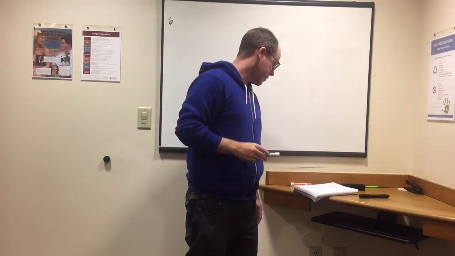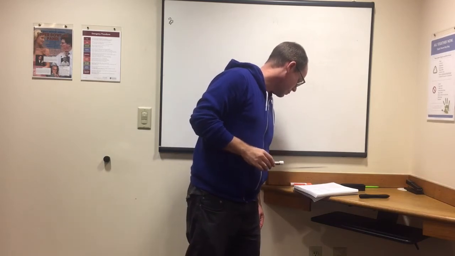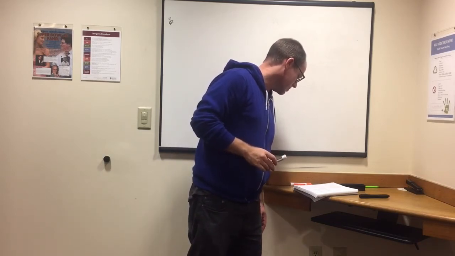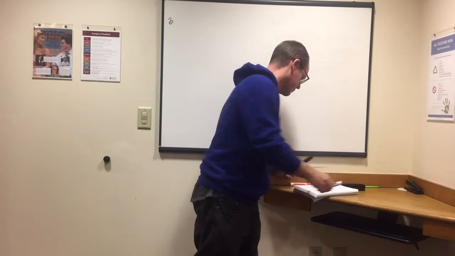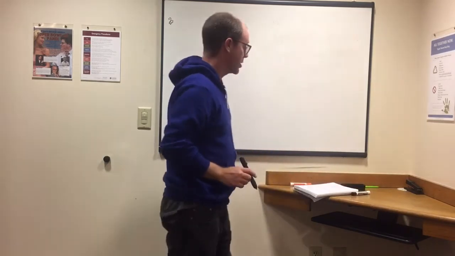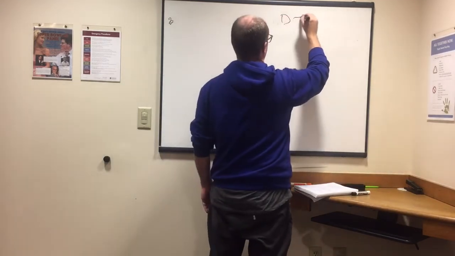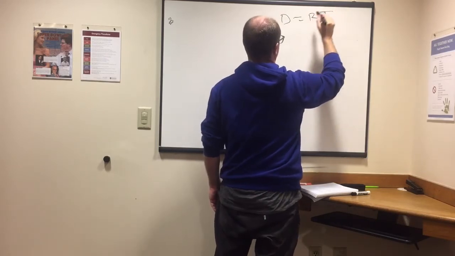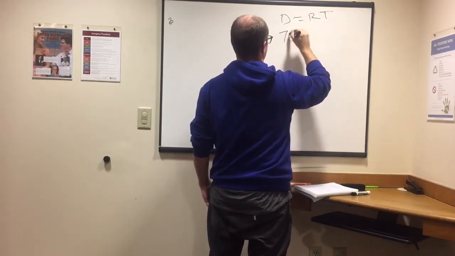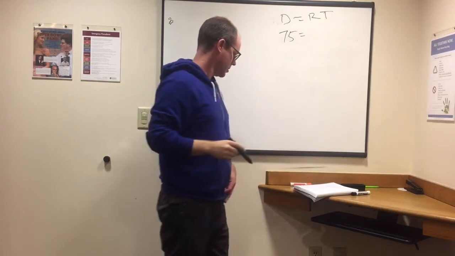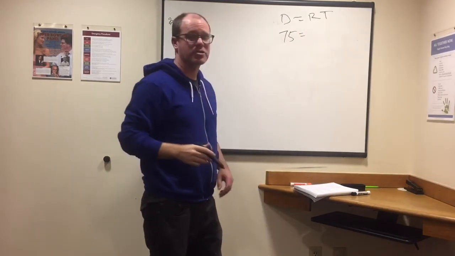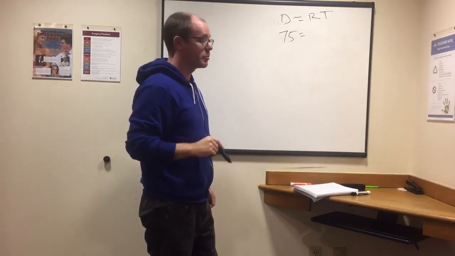All right, what's the next one? Henry rides 75 miles at 15 miles per hour. How long did this take him? Okay, so again, distance equals rate times time. Henry went 75 miles, there's our 75, and he went 15 miles per hour. So this time we know the rate, but we don't know the time.